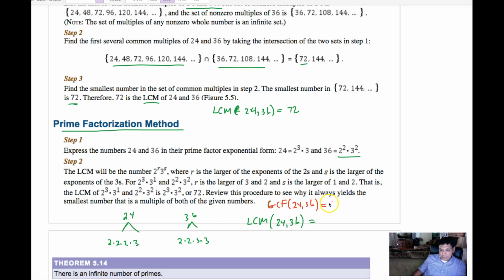And so looking at this again, it's not 6, the greatest common factor is 12 because of what they have in common. They have a 2, a 2, a 3, and so that's 2 times 2 is 4 times 3 is 12. So that's the greatest common factor.